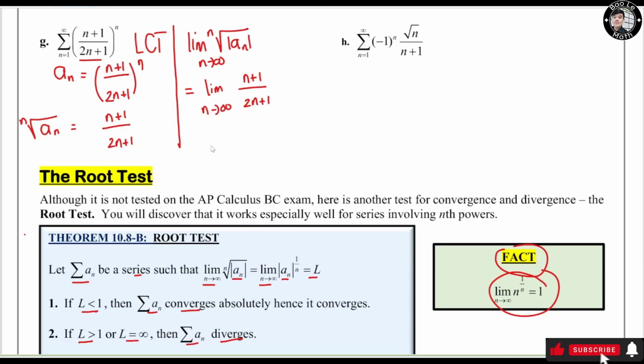And when n approaches infinity, the constants don't really matter, so I can ignore them. So the limit of n over 2n as n approaches infinity is going to be 1/2. Now 1/2 is less than 1, so by the root test, the series converges.